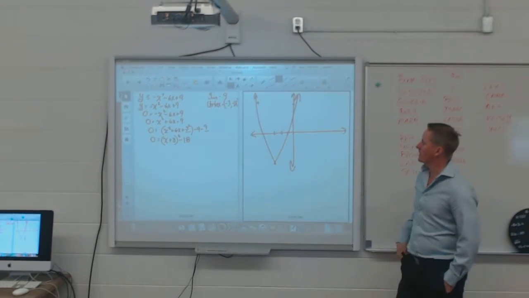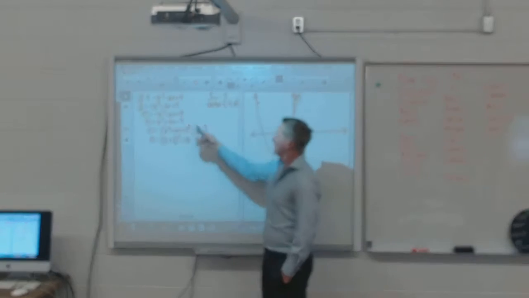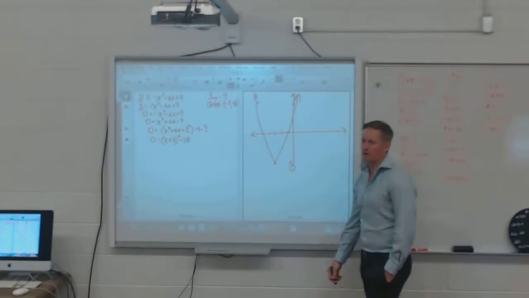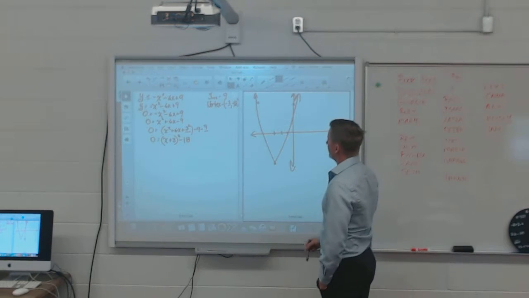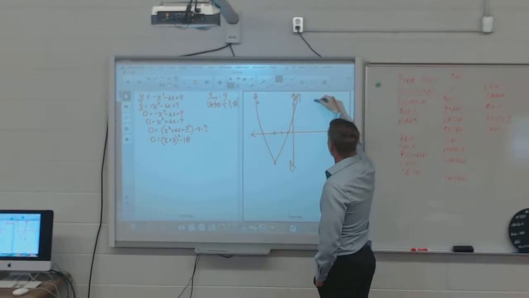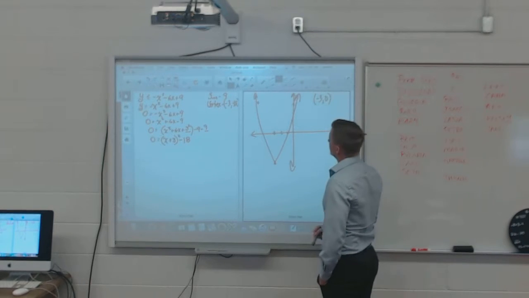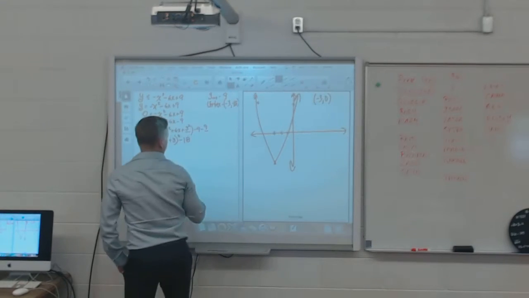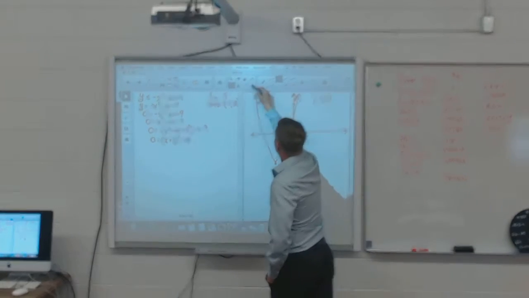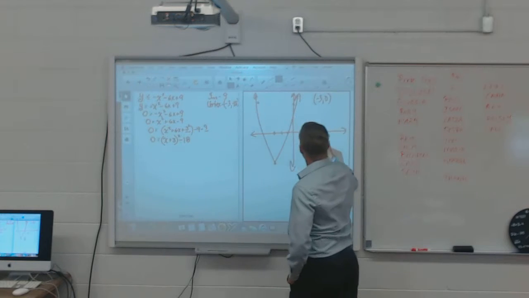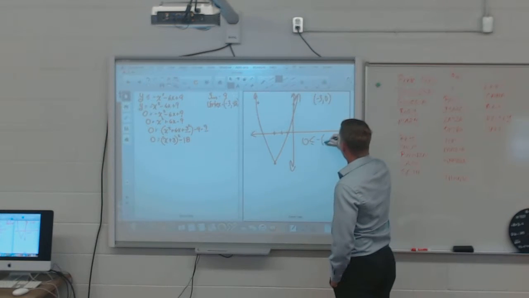Now I would put a test point in from inside of here into there and see if it works. So let's use this coordinate right here, which would be -3 and 0. So let's put it in there. 0 is less than or equal to -3 squared minus 6 times -3 add 9.